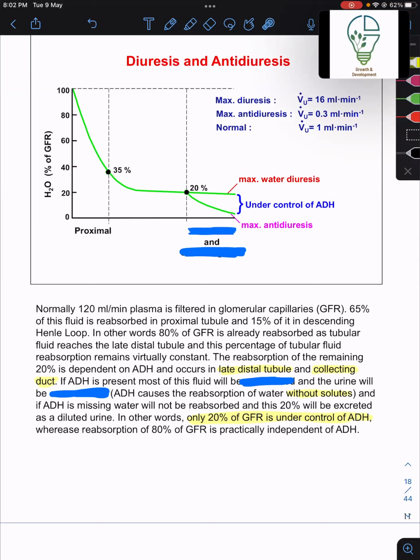Okay, so let's solve this part over here. If ADH is present, most of this fluid will be blank, and the urine will be blank. So most of the fluid will be what, and the urine will be what?